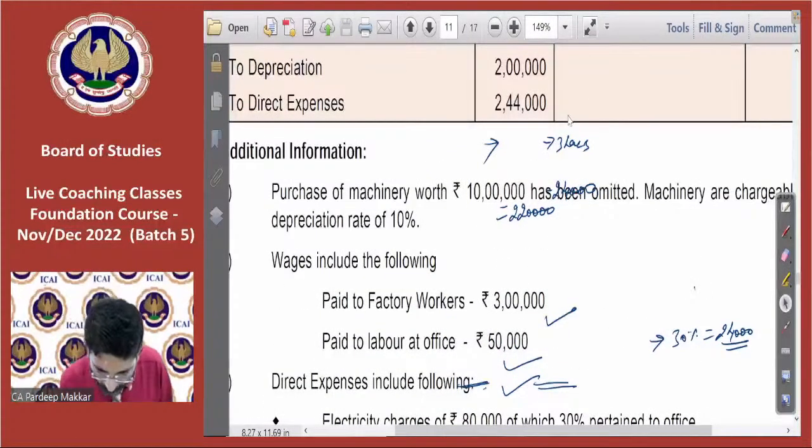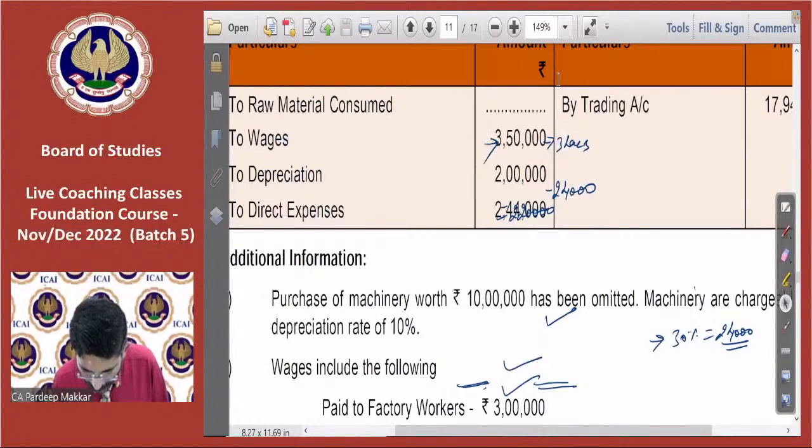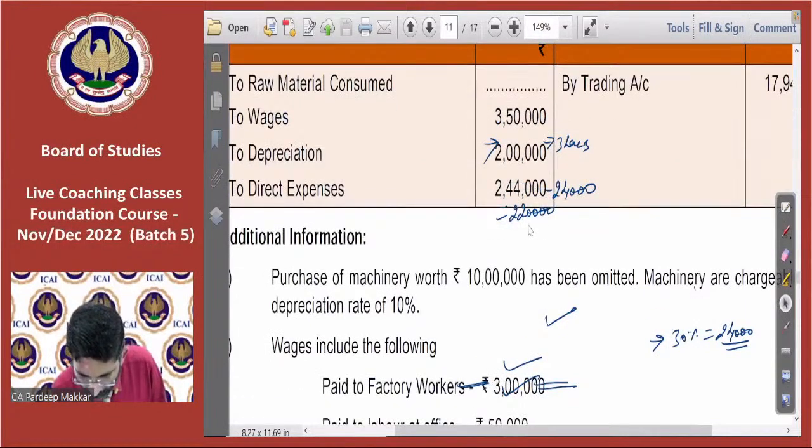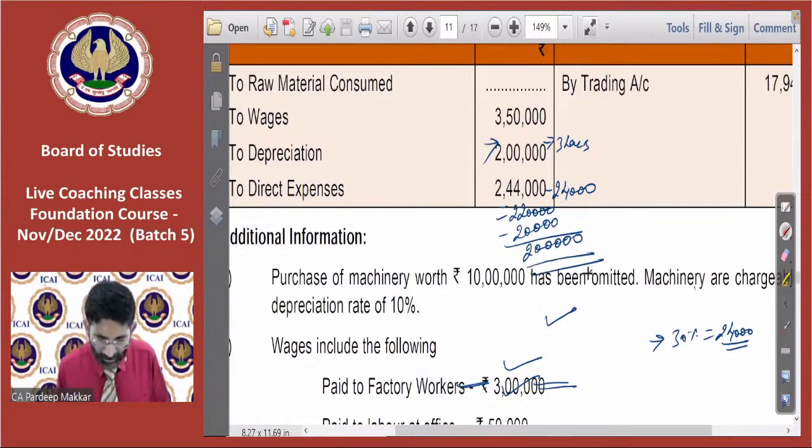So out of this 2,44,000, what do you have to do? Yes, minus 20,000 will also be deducted as indirect expenses. So only 2 lakh will be there. So here let's understand this.